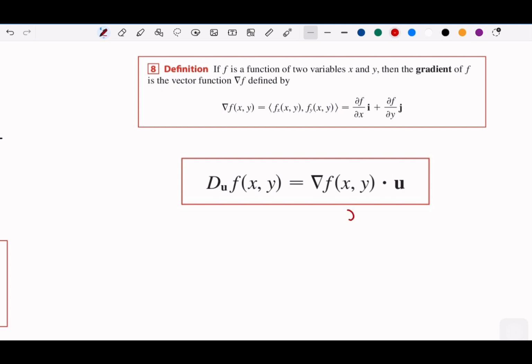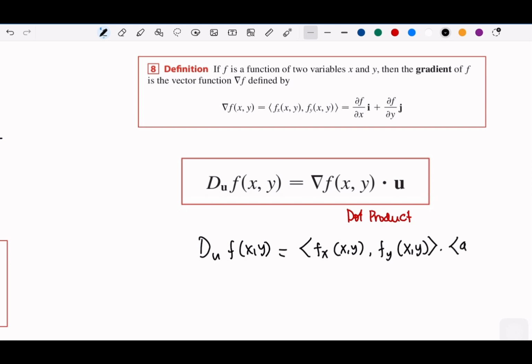This dot means this is a dot product, okay? And basically this is just another way to write the directional derivative. They are the same thing. Okay, they are the same thing.